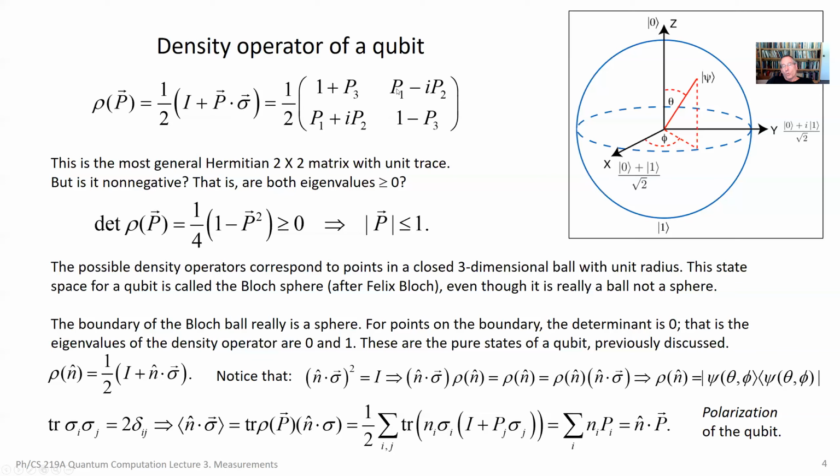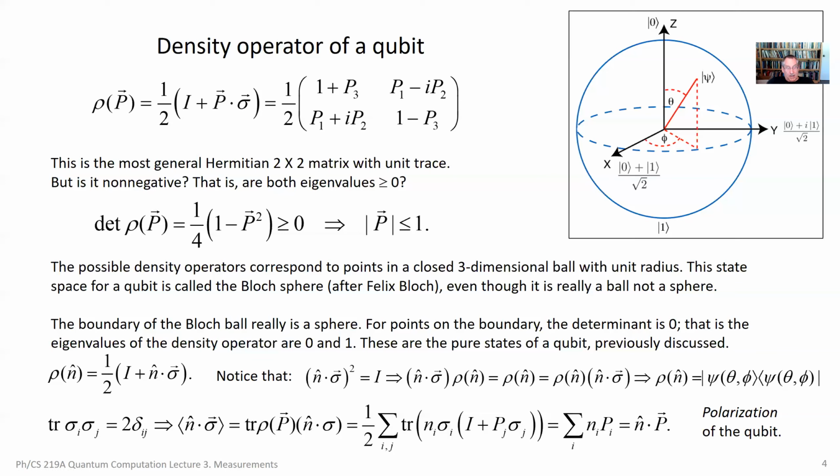And then remember that sigma 1 had entries 1 in the upper right and lower left. So here I also have p1 times sigma 1, and that sigma 2 had entries -i and i off the diagonal. So this contribution is just p2 times sigma 2. And so that's why I was able to write this as identity, that's the diagonal part, a 1 in the upper left and in the lower right, plus vector p dotted with sigma, that is p1 sigma 1 plus p2 sigma 2 plus p3 sigma 3.